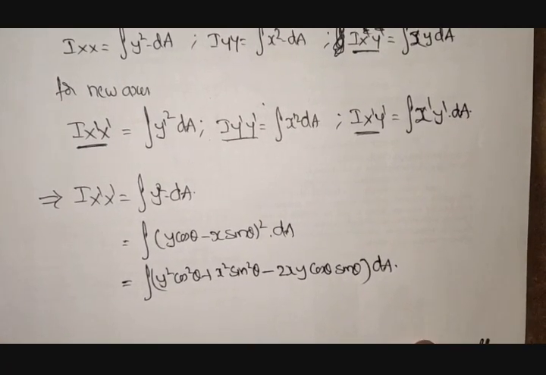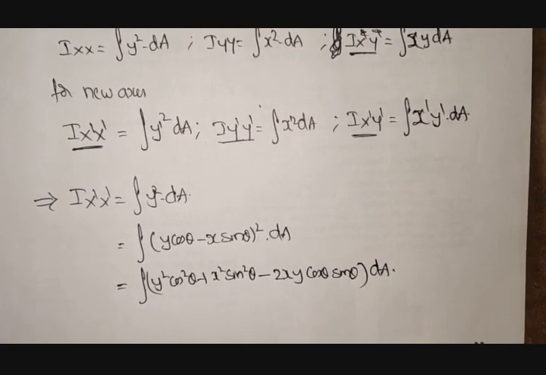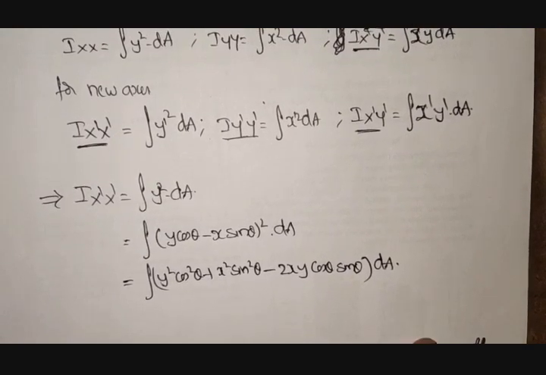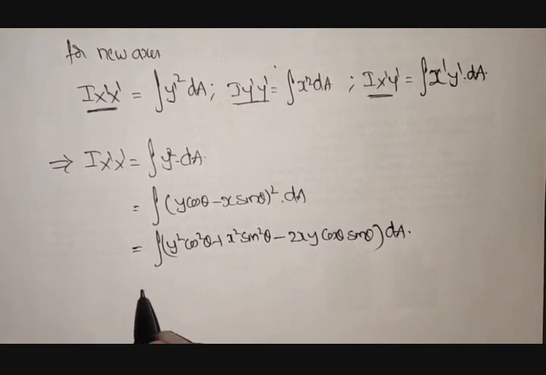Similarly, we have to find the next condition, Iy dash, and then Ix dash y dash. Now just separate these conditions.